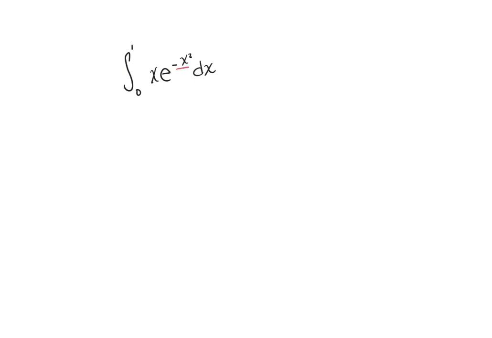My u is going to be negative x squared. My du is going to be negative 2x dx, all right? So I have e to the negative x squared, and I have x dx, right? So this part of it, I can write as e to the u, right?